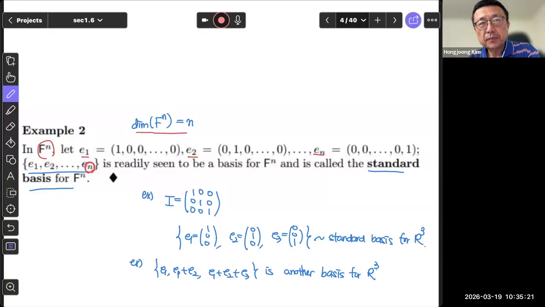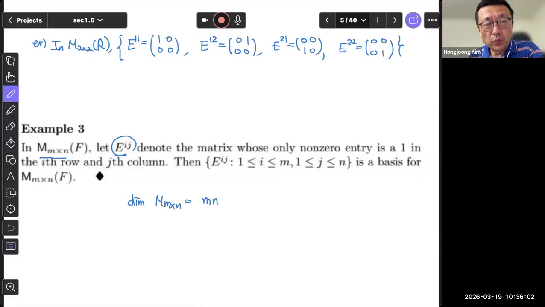That is the standard basis, but we have some other bases. For example, E1, E1 plus E2, E1 plus E2 plus E3 will define a basis for R3 space. So the dimension of R3 space will be 3. Also, you can count the number of vectors in the standard basis for R3 space, but anyway, you get 3 vectors.